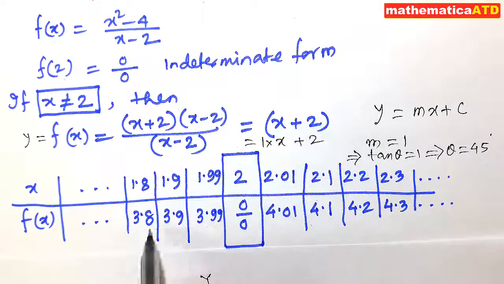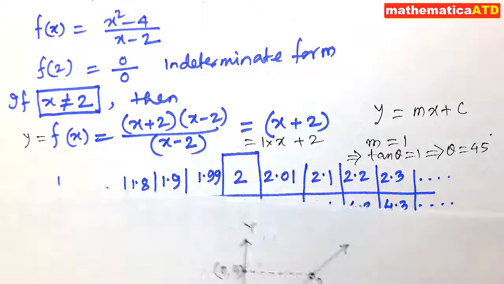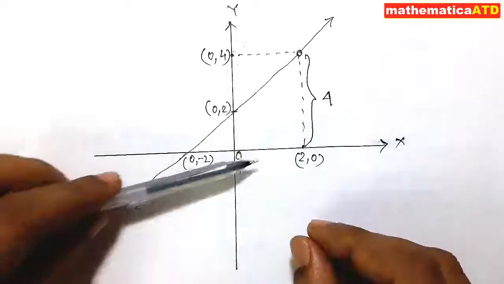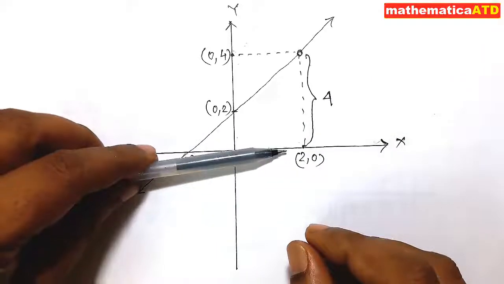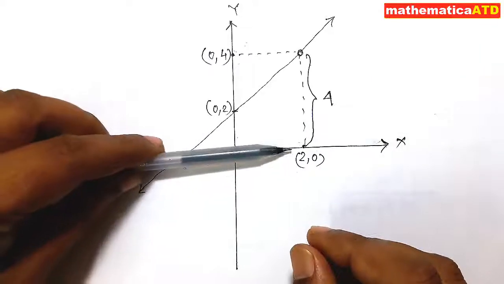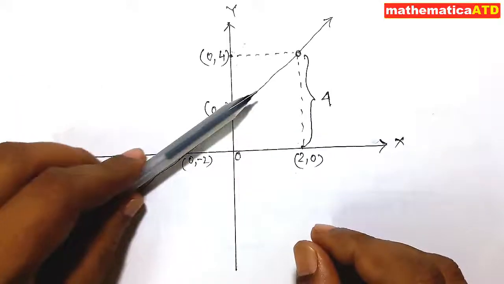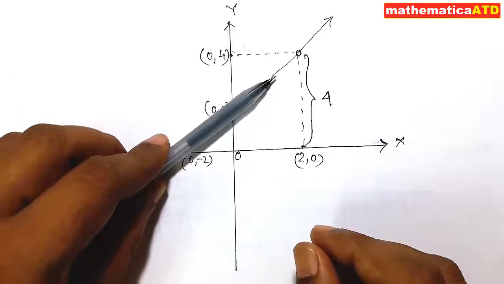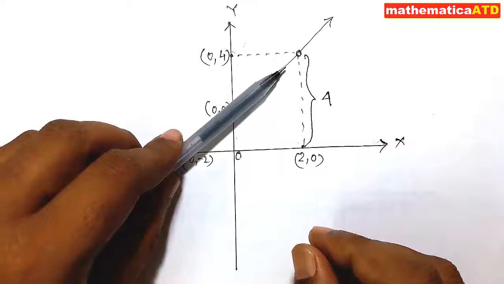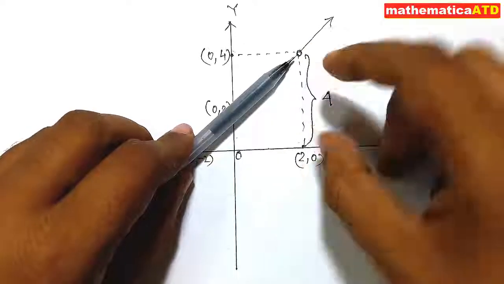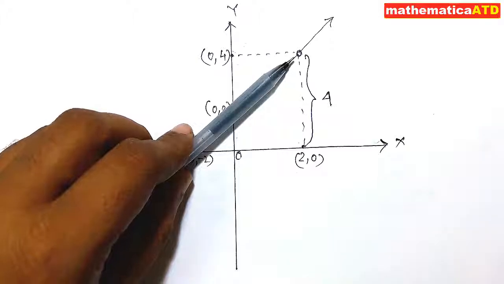f(x) will also be increasing, and it is increasing to 4. See from this graph. We are getting closer to x equals 2, and at that moment the function is also tending to 4, this height 4, isn't it?